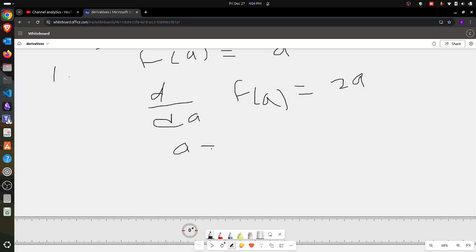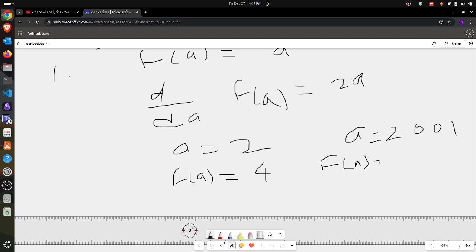If a equals 2, then f of a is going to be 4. If a is equal to 2.001, then f of a is going to be approximately 4.004. So that's the first example. I hope that is clear.